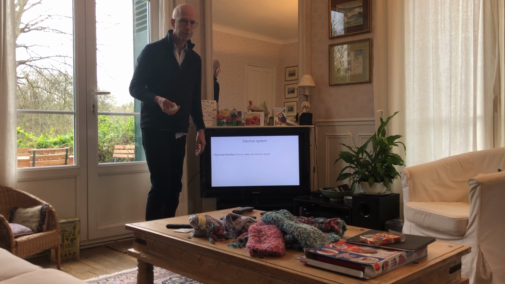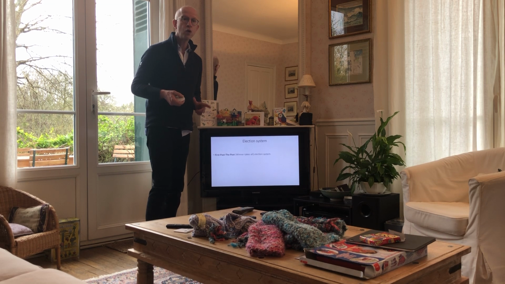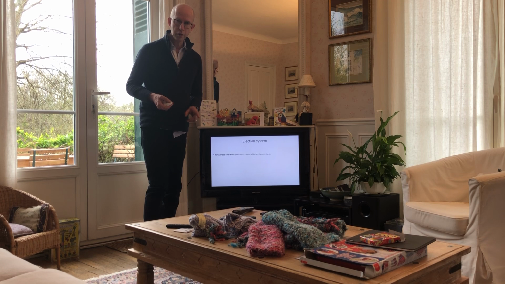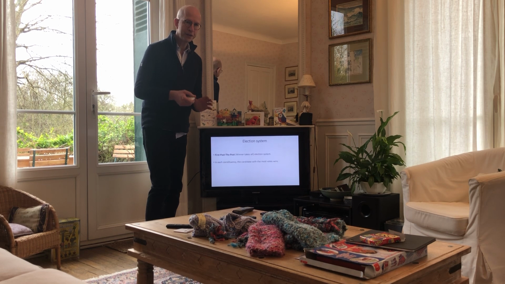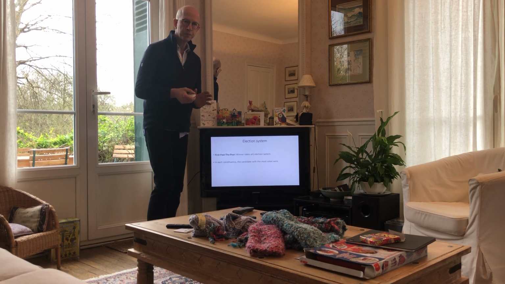The election system. In Britain we have a first past the post system. You need to know this term, first past the post. This means in each seat, in each constituency, there are 650, there is an election.